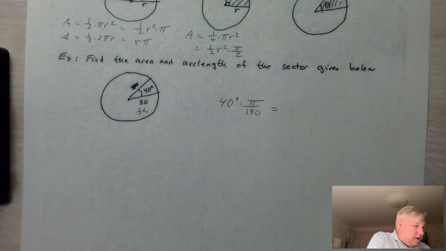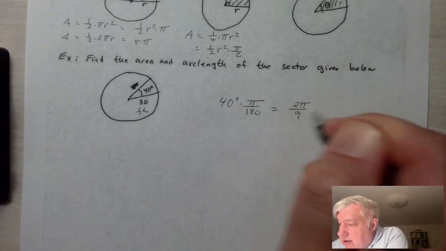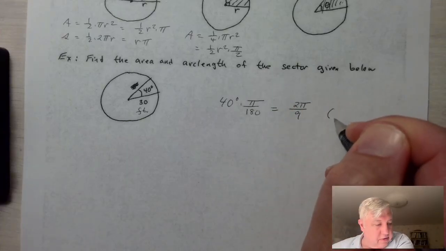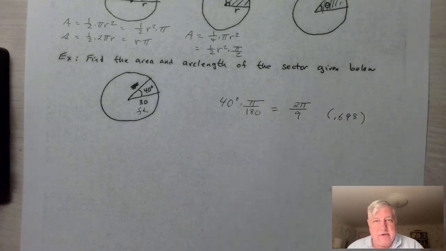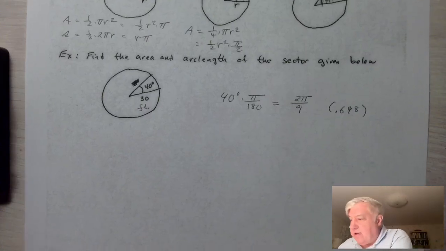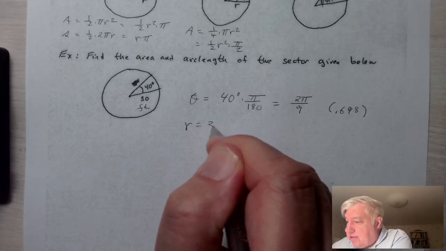This can actually be simplified to 2 pi over 9. This is also 0.698. Okay, we'll keep it here at 2 pi over 9, just because it'll make things a little easier. So this is our theta. R, of course, is still 30.